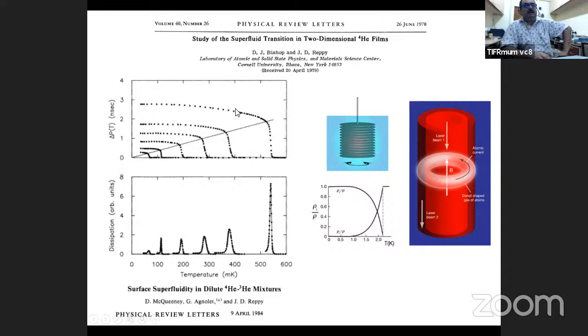It decreases only a little bit, and then suddenly it crashes to zero. This is your Kosterlitz-Thouless transition. It was very well established very early on. The theory came in 1973 or so, and by 1978, the experimental validation was already there.